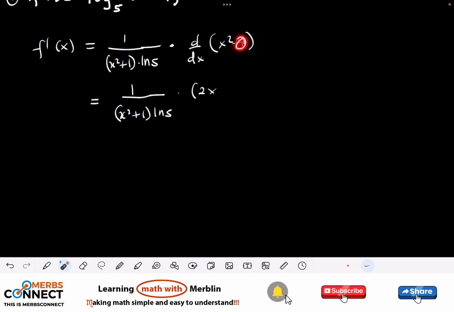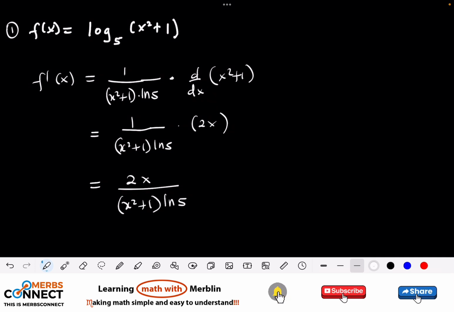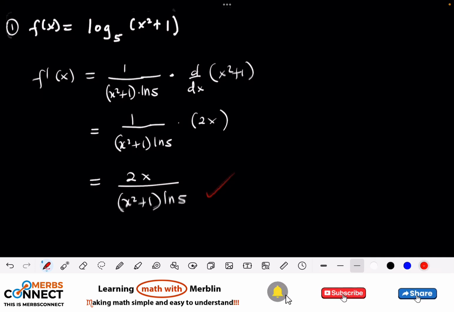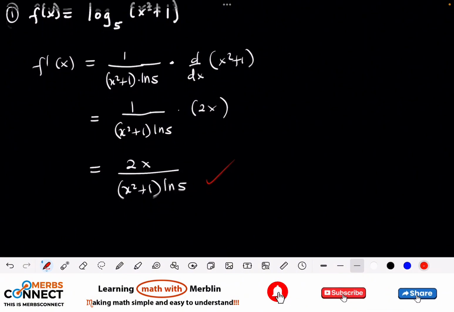When I differentiate a constant, I get 0. And then if I want to simplify, I'm going to have 2x divided by x squared plus 1 ln of 5. So this is what we are going to get for the first function. Nice. So this is how we differentiate a log function.